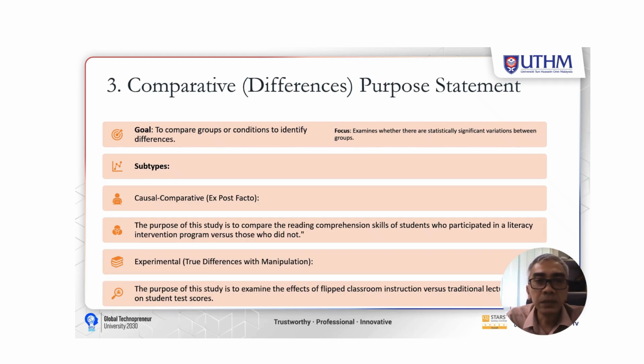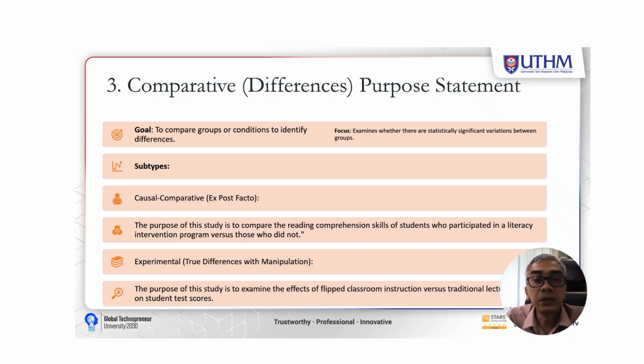And the third one is the comparative study, or the comparative differences purpose statement. A comparative study examines difference between groups. For example, comparing online and face-to-face learning outcome. And the purpose of this study, for example, is shown in this slide.